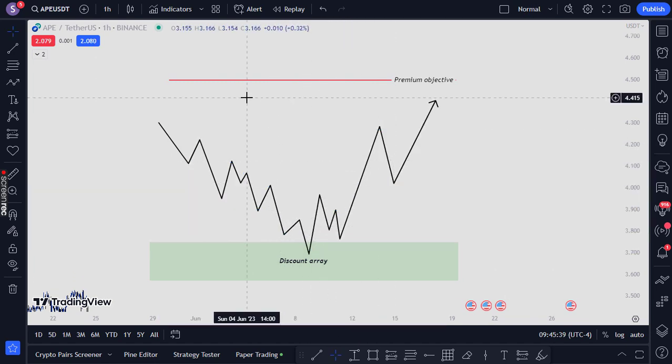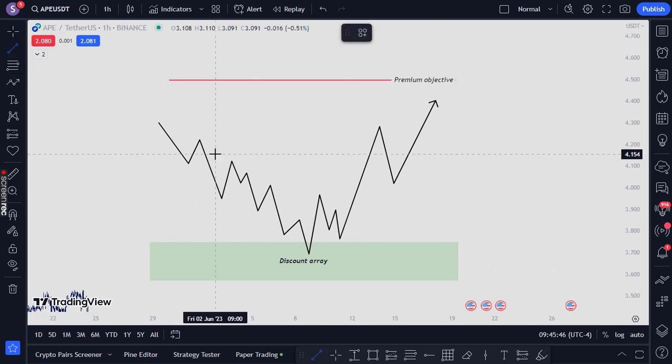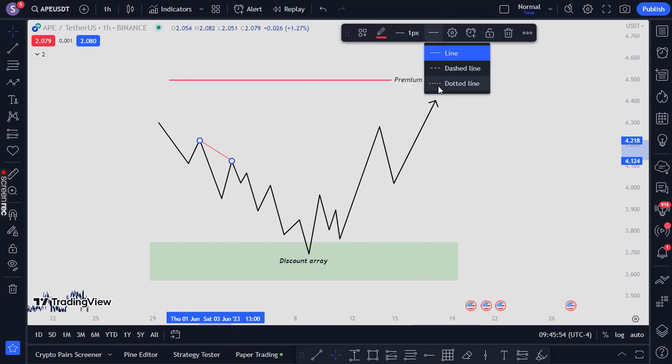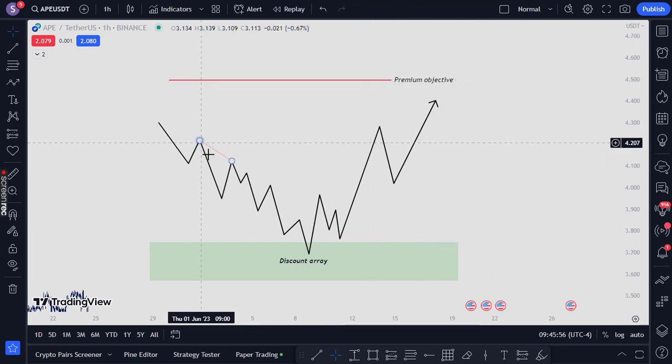So in this example, you can identify low resistance liquidity and high resistance liquidity. You can see here that the market on the sell side of the curve is creating low resistance liquidity run.